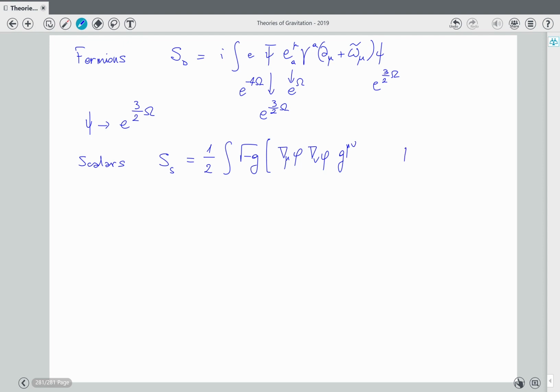And then remember that there is a non-minimal coupling that you can have also in the massless case. Well, for a particular coefficient, this is Weyl invariant, and the coefficient is 1 divided by 6.